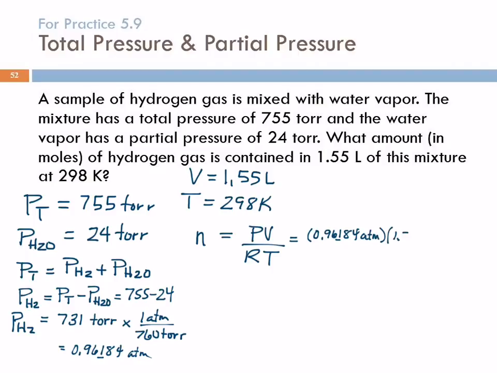Volume, 1.55 liters. What's the value of R? 0.08206 liter atmospheres per mole Kelvin. We end up using it so much that we memorize it even if we don't realize it. And then 298 Kelvin.